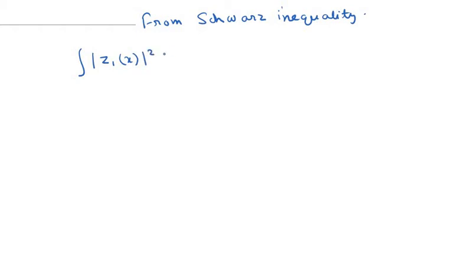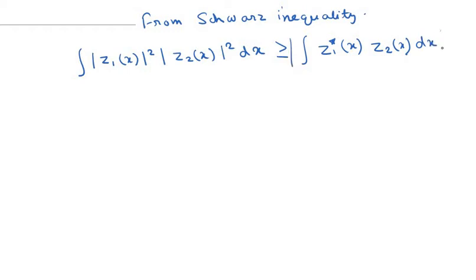Now from Schwarz's inequality, which is an inequality you probably studied with complex numbers in high school, we have the integral of mod z1 of x square times the integral of mod z2 of x square dx must be greater than or equal to the square of the integral of z1 star of x z2 of x dx.